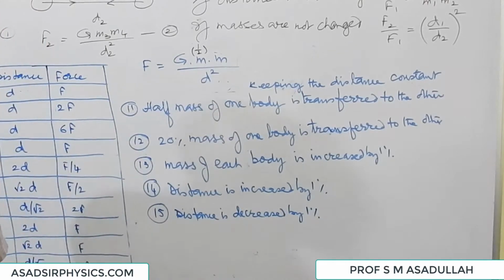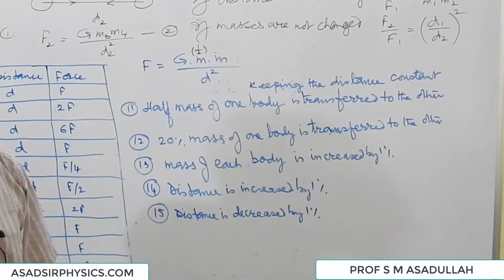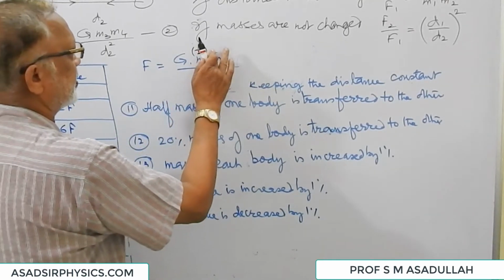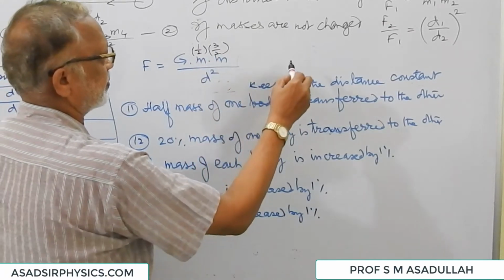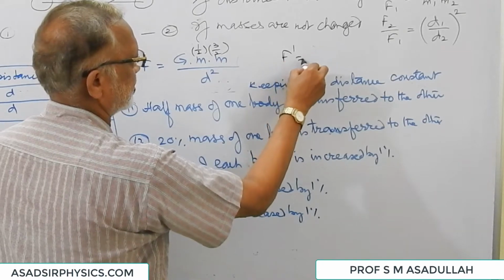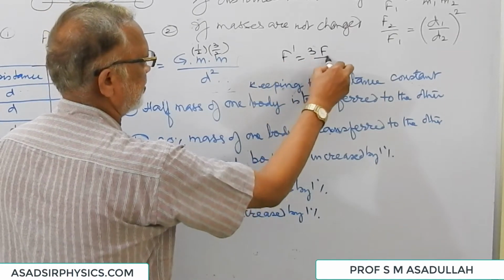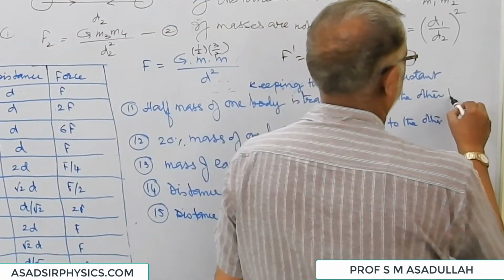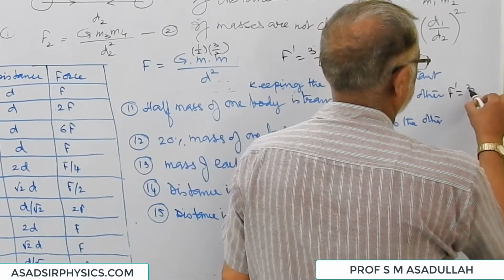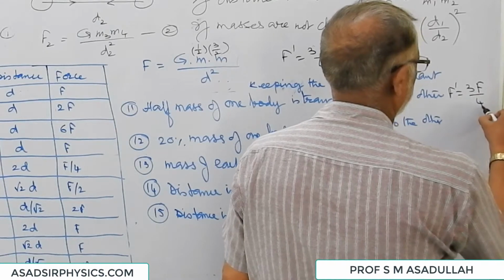What about the mass of the other body? 1 plus half, 3 by 2. So here 1 by 2 into 3 by 2, so it is 3 by 4. The new force F dash is equal to 3F by 4.